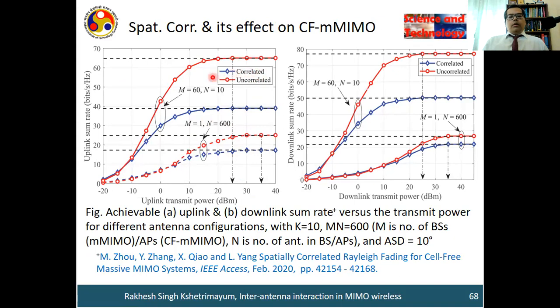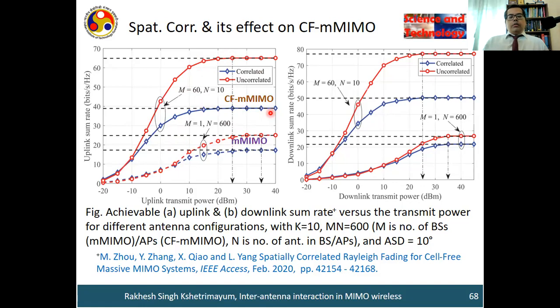So what you can see here is the uncorrelated case, this is the capacity versus transmit power. You can see that all these red curves here without any correlation have the best performance. Capacity is higher here. When you have correlation, then capacity is reduced. And this curve is for the massive MIMO, and this curve is for the cell-free massive MIMO for the uplink case.